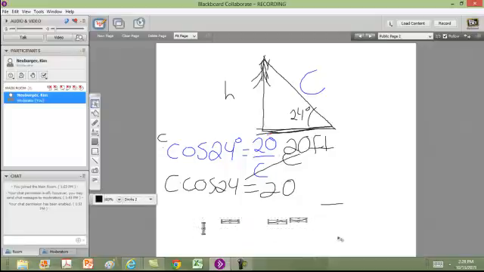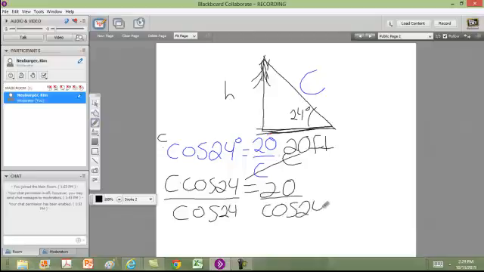So since C is multiplied by cosine of 24, which is basically a ratio that your calculator has stored, in order to solve for C, you divide by that cosine of 24. So those cancel, and C ends up being whatever 20 divided by cosine of 24 is.